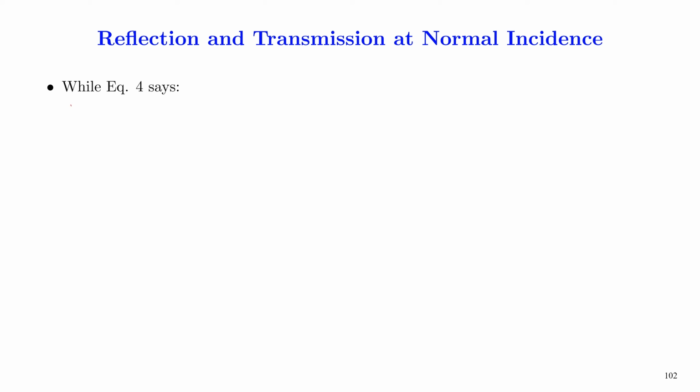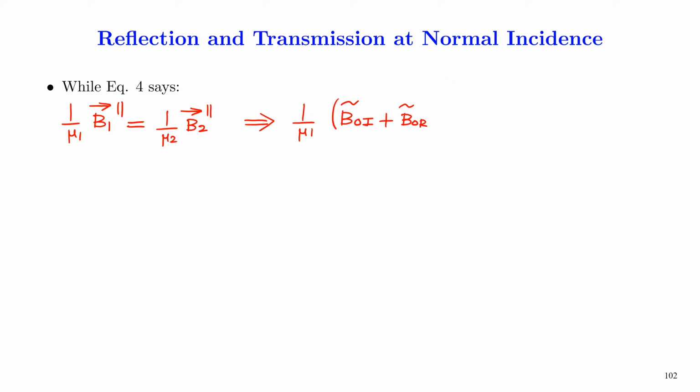Therefore, from equation 4, which is 1 over μ1 B1∥ equal to 1 over μ2 B2∥, we have 1 over μ1 (B_0I plus B_0R) equal to 1 over μ2 B_0T.